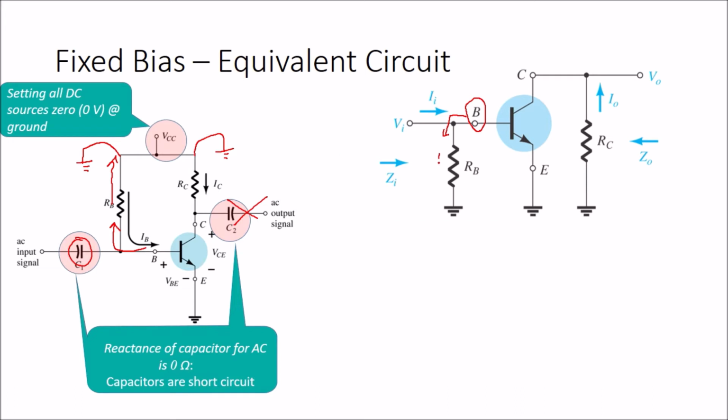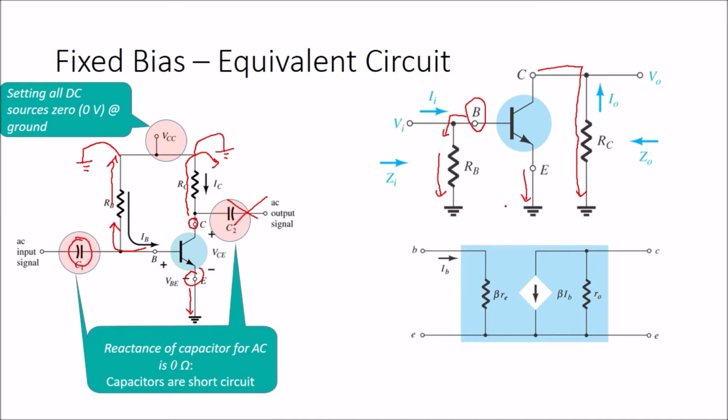For the E terminal there is nothing here, so it just goes straight to the ground. From the C terminal it is going to connect to RC, and then from RC connect to the ground. This is the complete equivalent circuit.